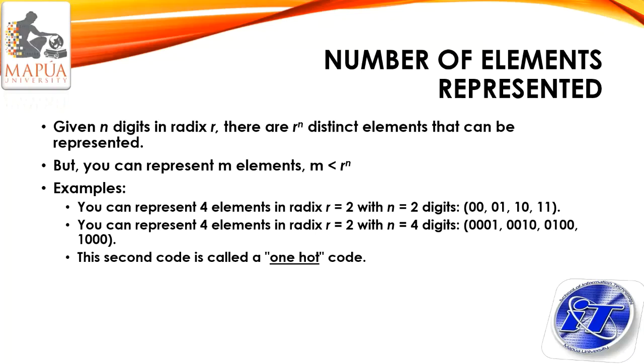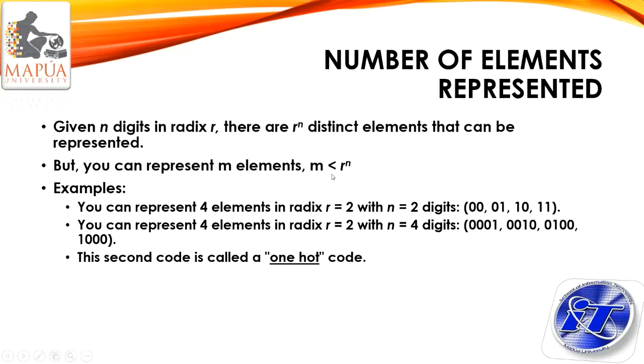While in r^n, r means radix and n is the exponent, which represents the number of bits. So for example, for elements we're going to represent by binary, what will be the value of n that will satisfy m ≤ r^n? The minimum value is 2.